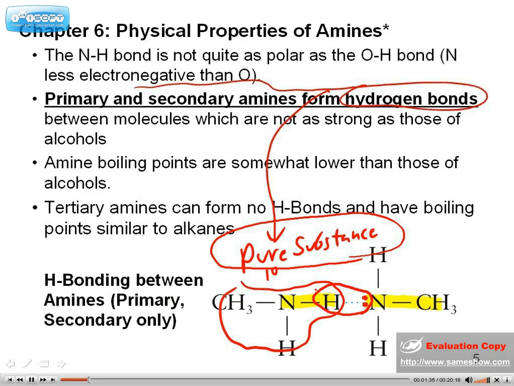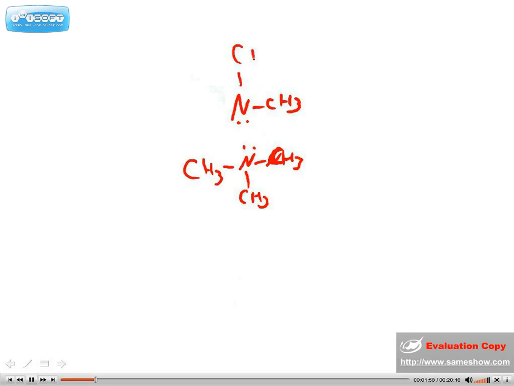So if I were to give you a tertiary amine, so in this case right here, here's a tertiary amine, and that's a carbon right there. And then here is another nitrogen. Notice on this one, there is no hydrogen bonding that can occur because there is no hydrogen on a nitrogen, oxygen, or fluorine.